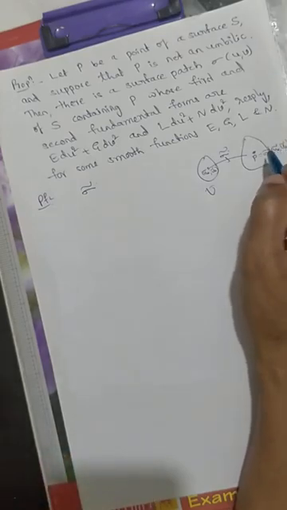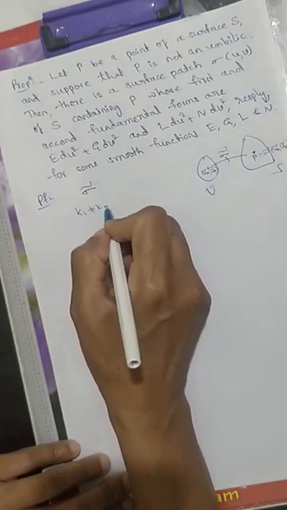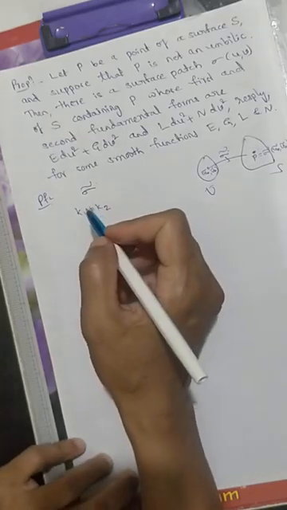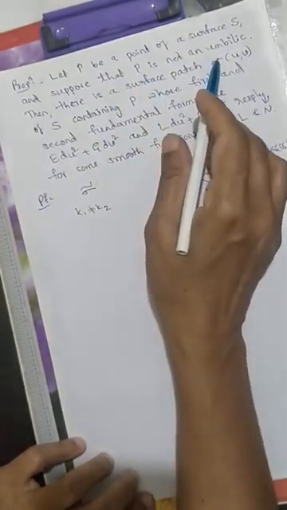So the hypothesis is that the principal curvatures are distinct. If k1 and k2 are principal curvatures of sigma tilde at the point P, then k1 is not equal to k2 because P is not an umbilic point.